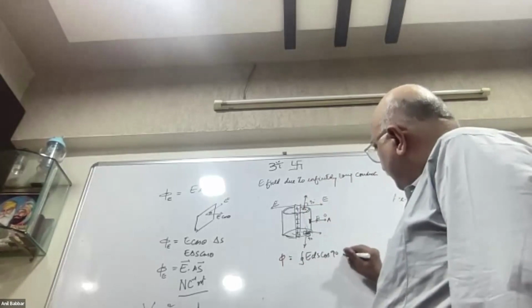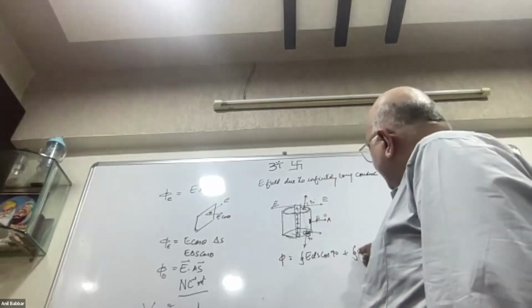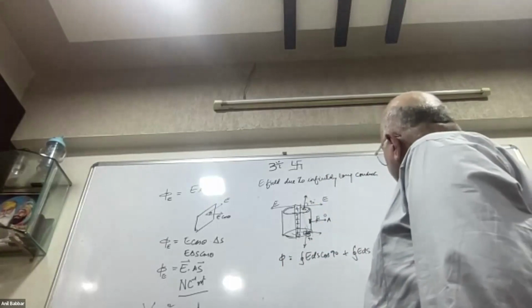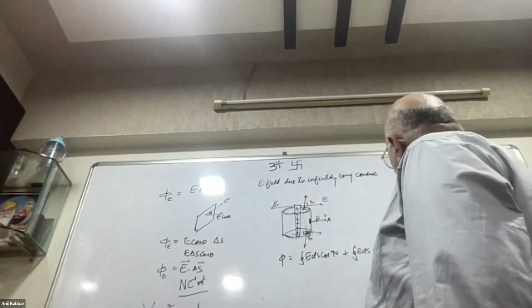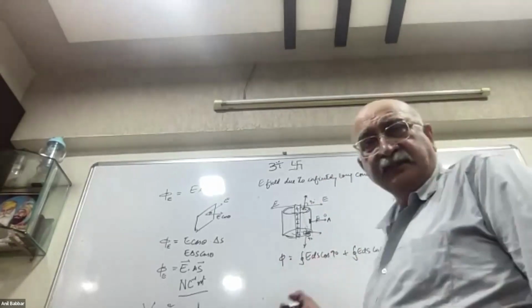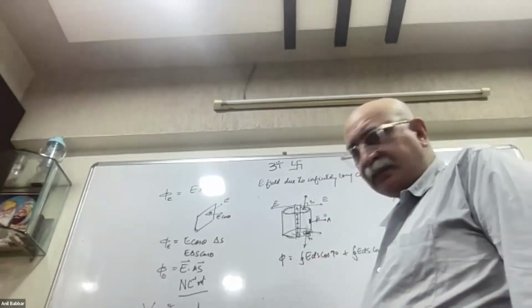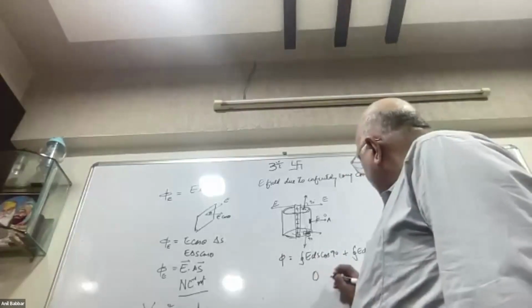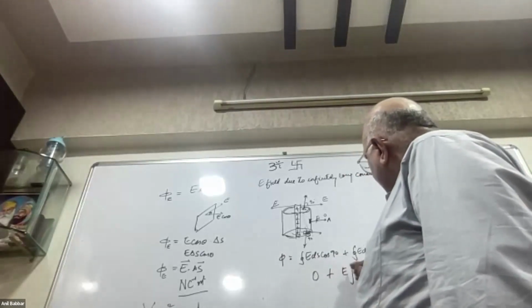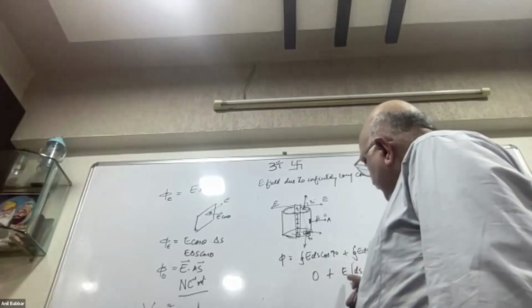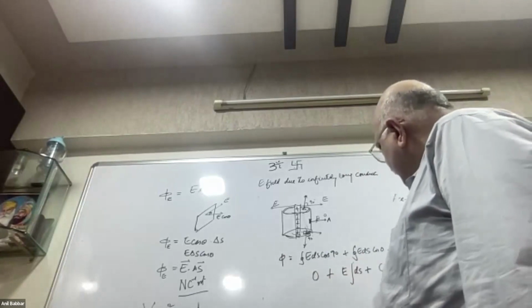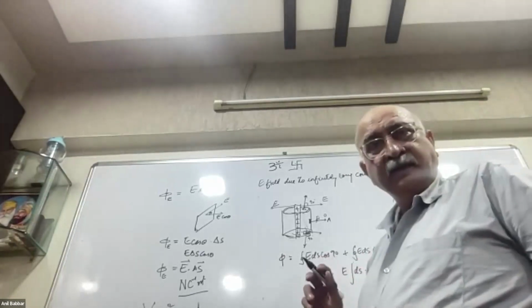Second surface, we have surface integral E dS cos 0. Third surface, E dS again cos 90. Cos 90 means 0. Right? Here E will come out, we have cos 0 is 1, so E dS. Here we have cos 90 again 0. This is again 0. Right?